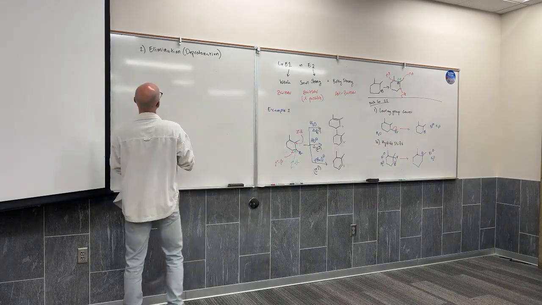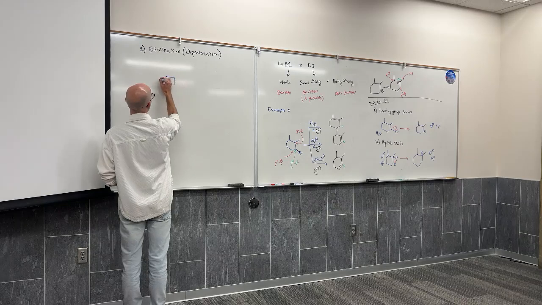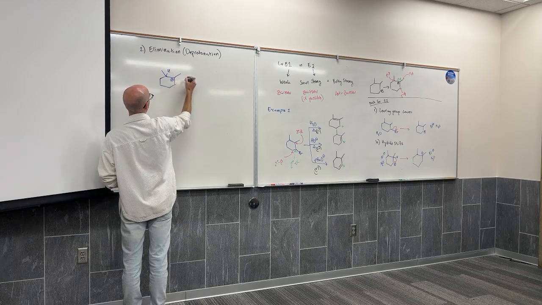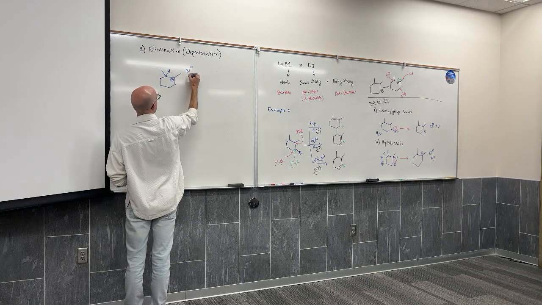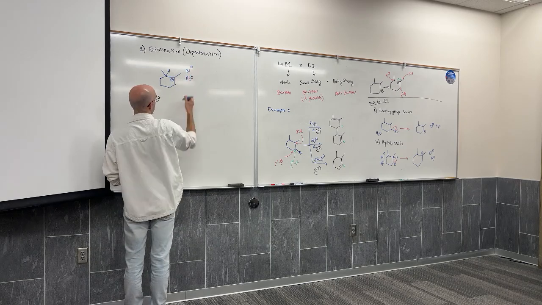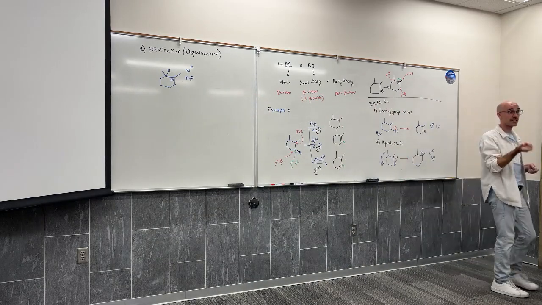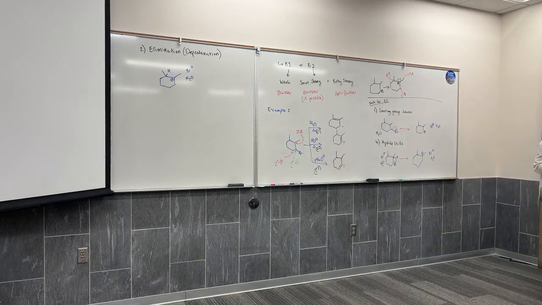When I draw this, I'm going to explicitly show the beta hydrogen that is being eliminated. I have to explicitly show that beta hydrogen because it needs to be deprotonated. I need to break its CH bond.